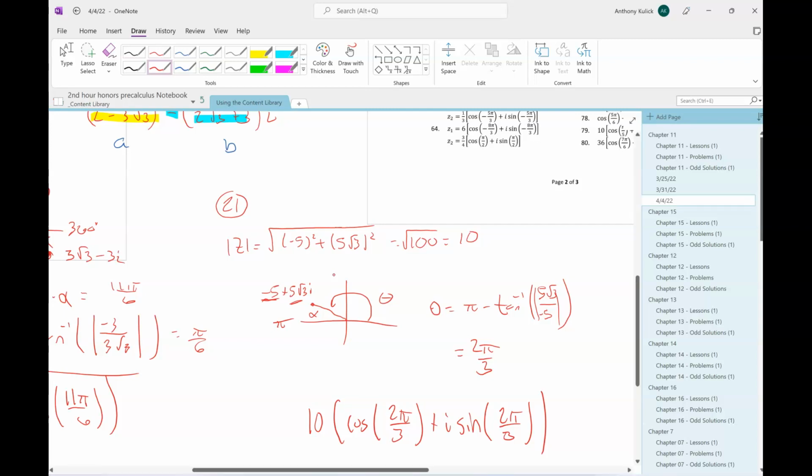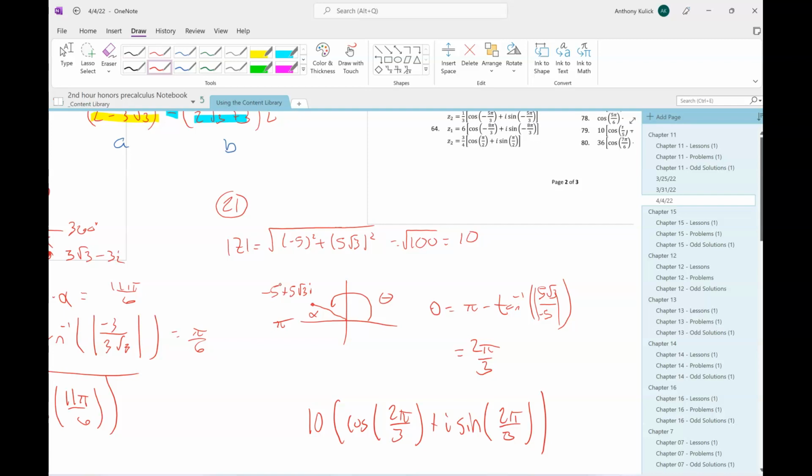Obviously, that's not to scale there. 5 times root 3 is bigger than 5, and it certainly doesn't look like it from the picture, but I don't really need to plot it. I just need to be in the right vicinity so I can draw my picture to know where I'm adding or subtracting. You know what I mean?